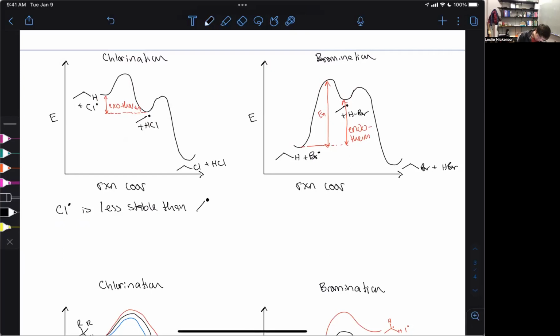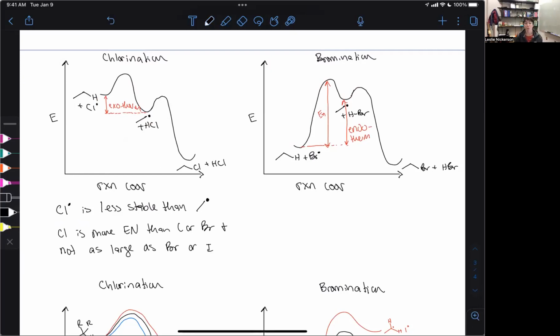Okay, so when we're thinking about that, we want to consider that chlorine is more electronegative than carbon or bromine. Okay, but it's not as large. Or the iodine.